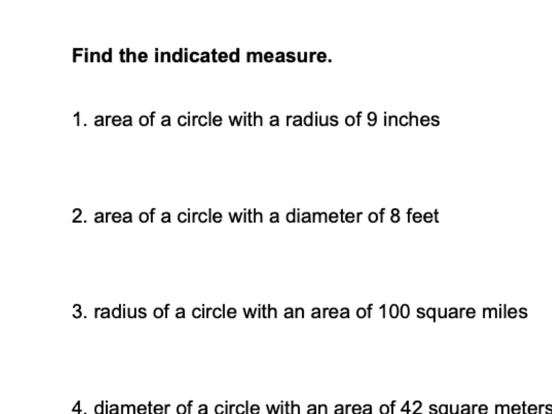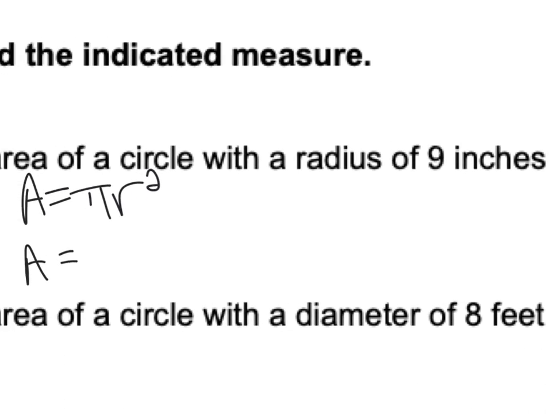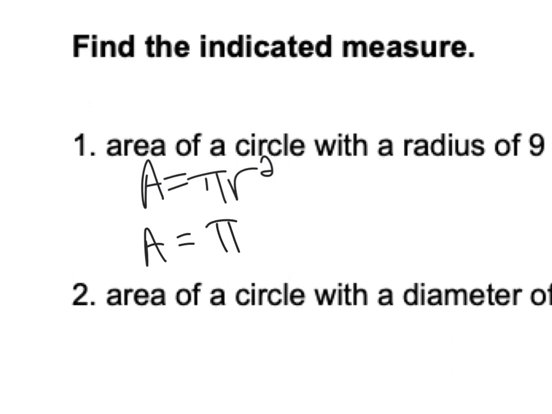So if we needed to figure out the area of some different things, we have the area of a circle with a radius of 9. Well, again, kind of like the last video, I like to write my formula first, pi r squared. And I know it tells me that the radius is 9 inches, so I'd have pi times 9 squared. Of course, we always make sure we do exponents before we multiply.